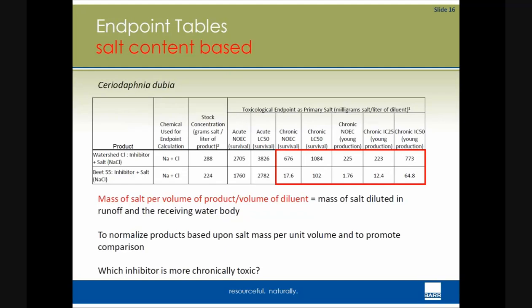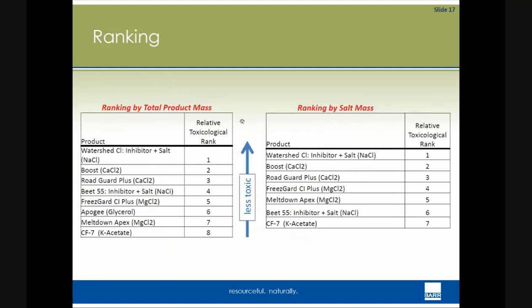Some things are positive, some negative, but we tried to normalize that data. This slide's a little premature. The next one actually shows that B55 is about mid-rank with all things considered.